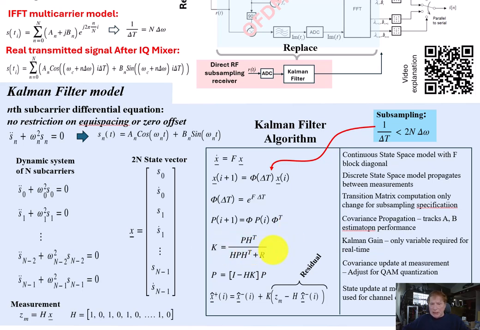The Kalman gain K computation is shown, and this computed variable as a function of time is the only variable that must be stored for real-time use. Only the state propagation to the next measurement and the state update at that measurement are computed in real time.